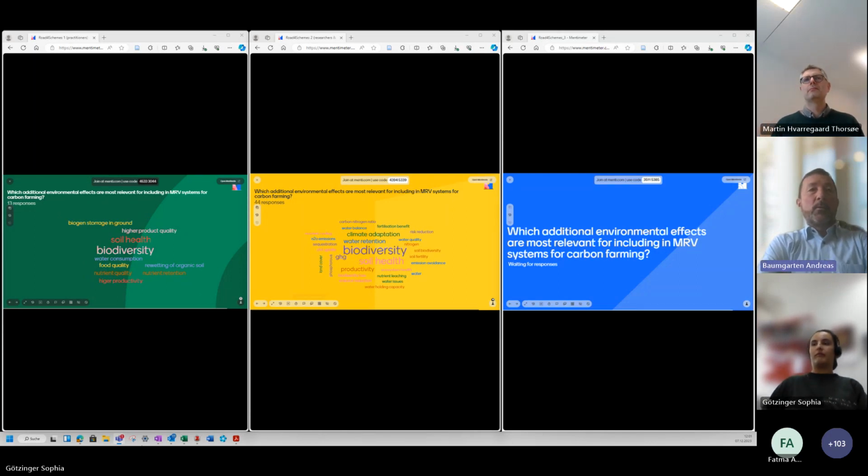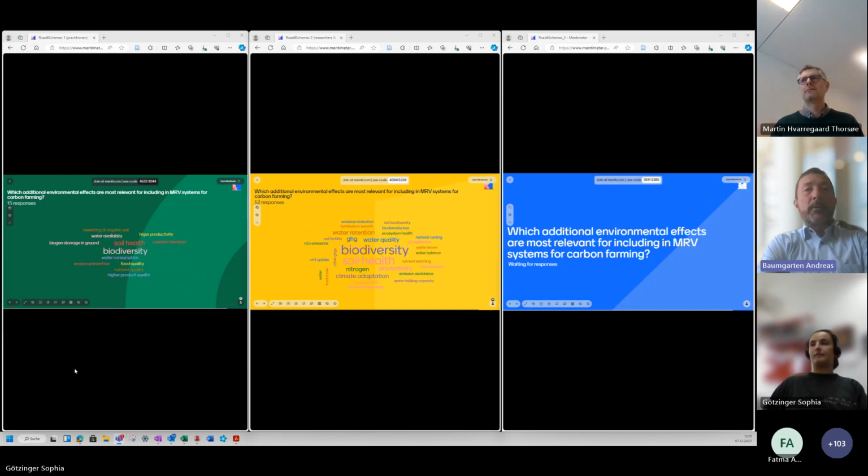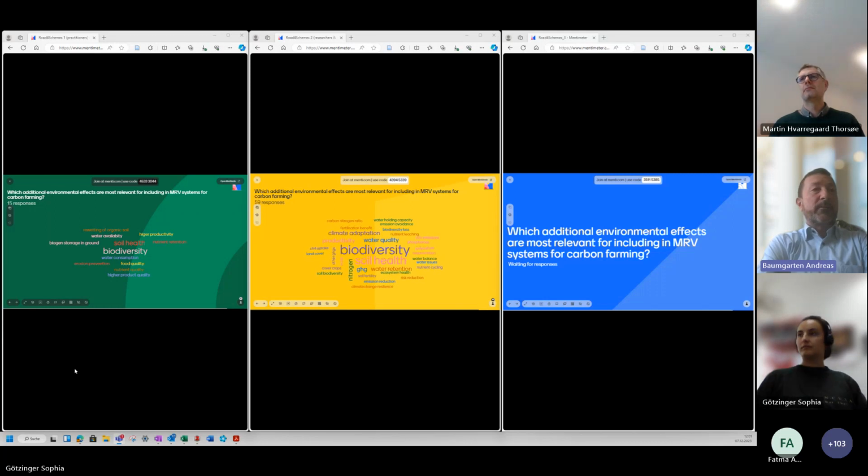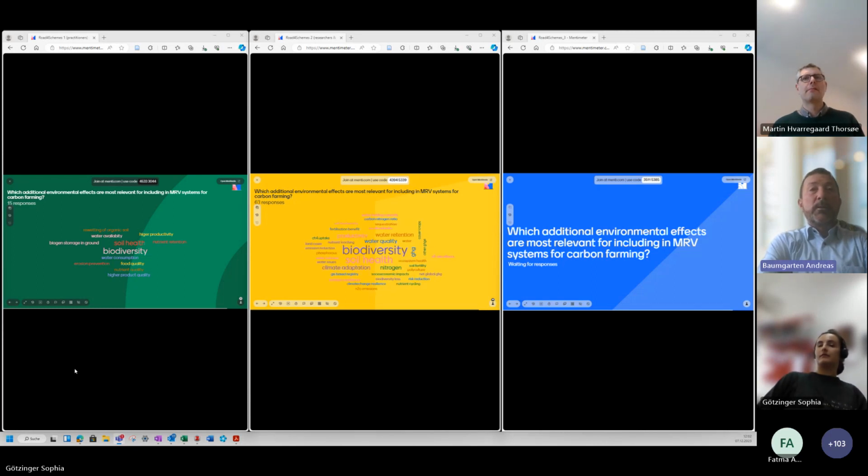For practitioners and researchers, I see that biodiversity and soil health are estimated as very important. However, it's not that easy to measure this, but there are possibilities, of course, and especially with respect to the soil monitoring law, we hope that we will come up with some solutions that are practicable also for us in the laboratories.